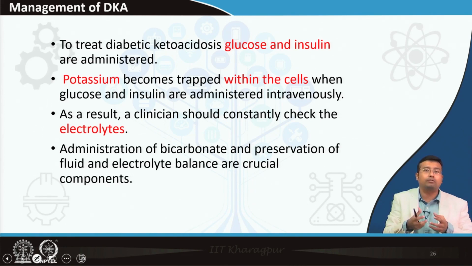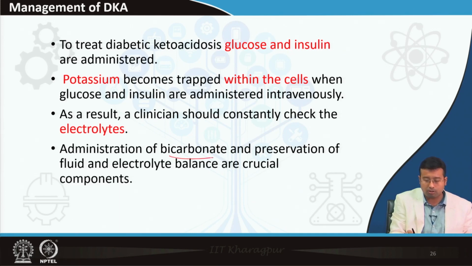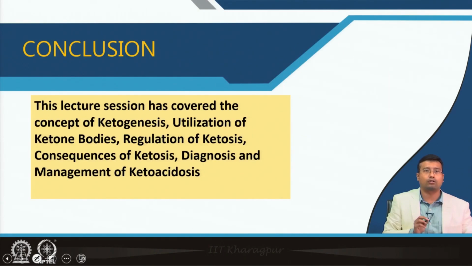So, potassium becomes trapped inside the cell, and there is hypokalemia. So, clinicians need to be very careful regarding the level of electrolytes, and as I already told you, the level of bicarbonate is depleted in ketosis because buffer systems are used up. We also need to re-administer bicarbonate and preserve the fluid and electrolyte balance.